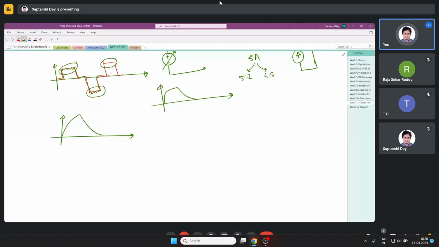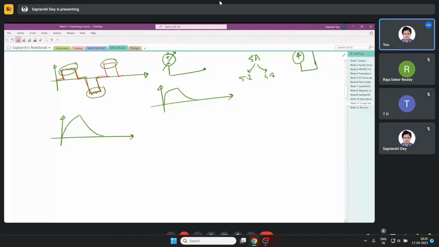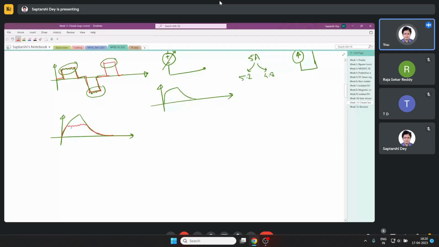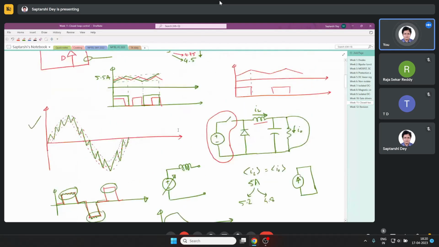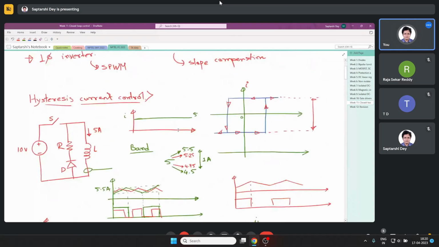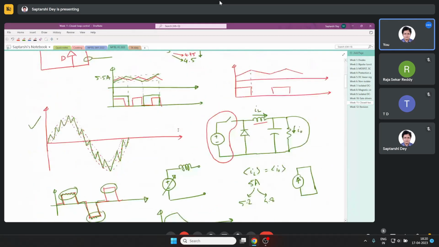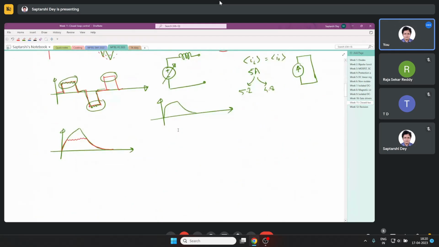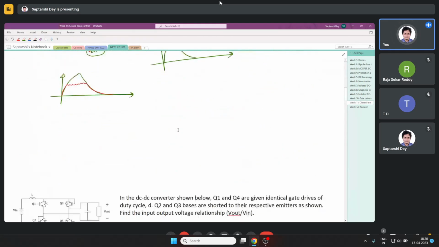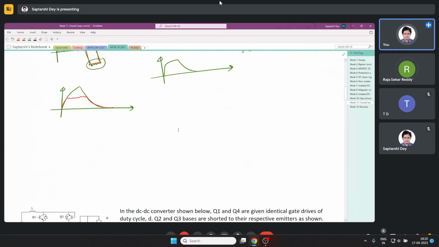You can control that current to control the torque: once it reaches here, you put the hysteresis current controller, which chops the current like this and makes the current like this, so you can control the torque. This is a very popular way of controlling the current in a circuit that I want to discuss. If you have no doubt, then we will go to questions.